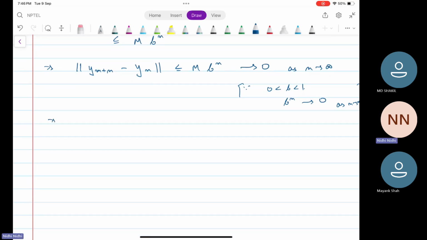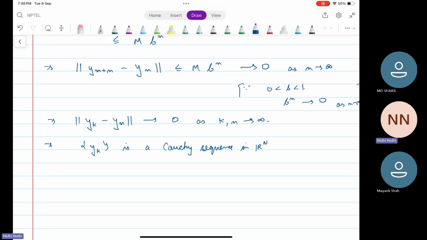So this implies the norm of yk minus yn goes to 0 as k and n go to infinity. Because eventually m plus n will be larger than n, and as n goes to infinity, this goes to 0. So this implies our sequence yk is a Cauchy sequence in Rn.